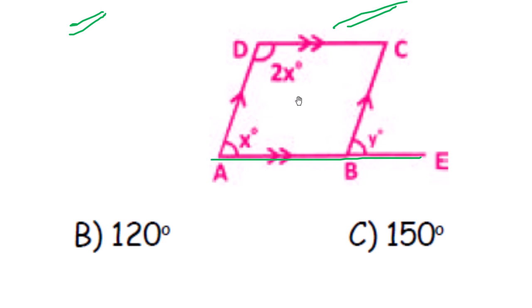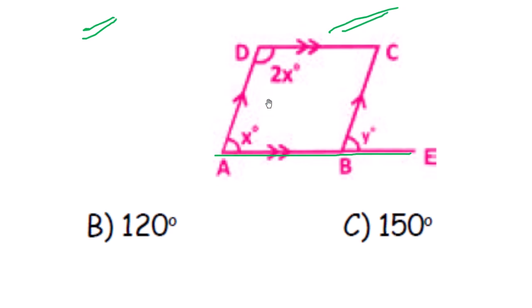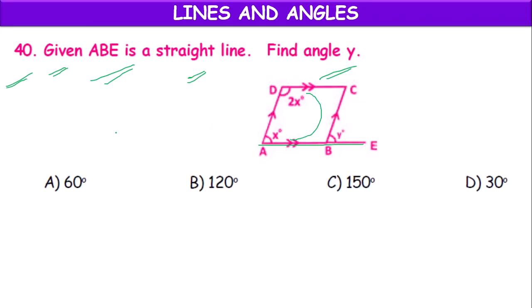This 2x and x will make a co-interior angles pair whose sum is supplementary. So 2x plus x equal to 180 degrees. 2x plus x, 3x equal to 180 degrees. So x equal to 60 degrees. We have got x value 60 degrees.